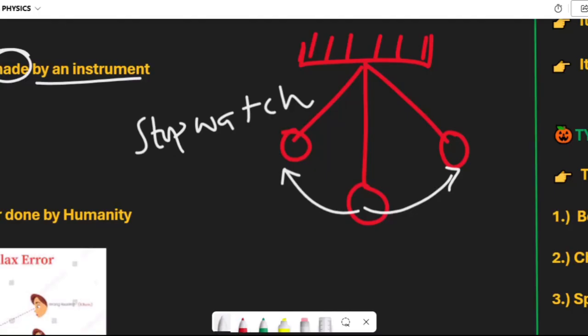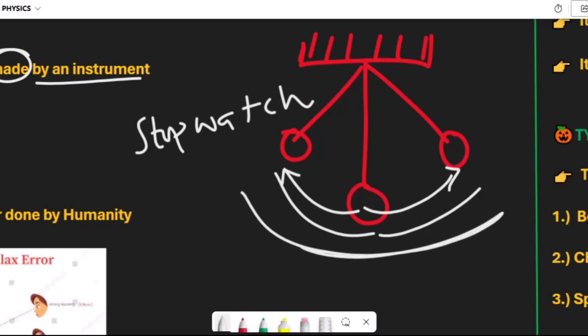An oscillation is when the ball moves to, then comes back, fro. When the ball moves one way and goes back, it's called one oscillation. When it moves again and goes back, it's called two oscillations.